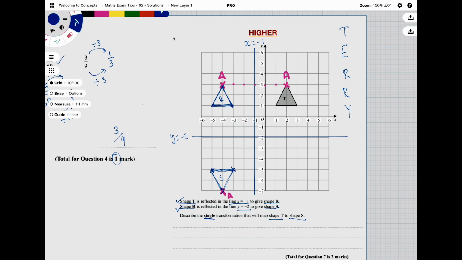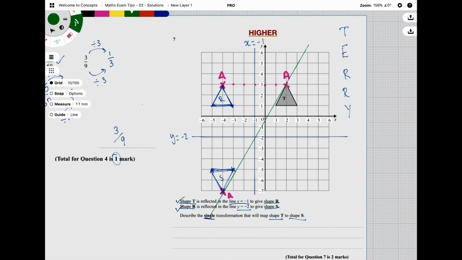I'm going to show you a technique without using tracing paper. If you're comfortable with it, by all means you can use tracing paper. All you need is a ruler. The reason I focused on point A is to show it's rotated in a straight line, therefore it's 180 degrees, and you can see that with this straight line here. I'll get rid of the ruler. It's rotated 180 degrees.